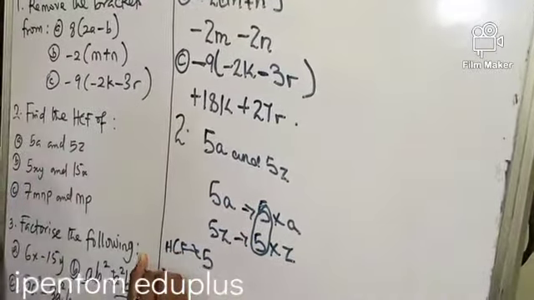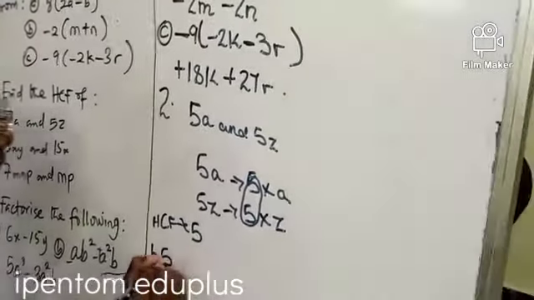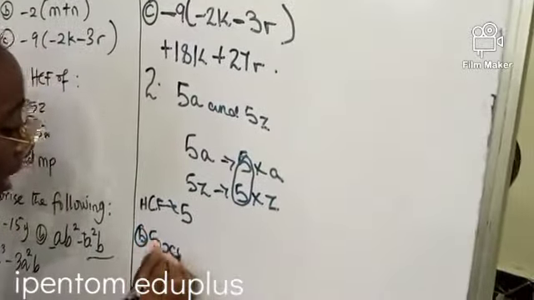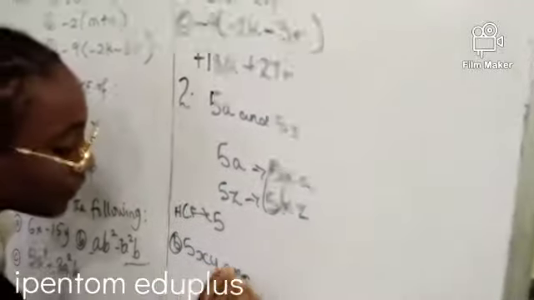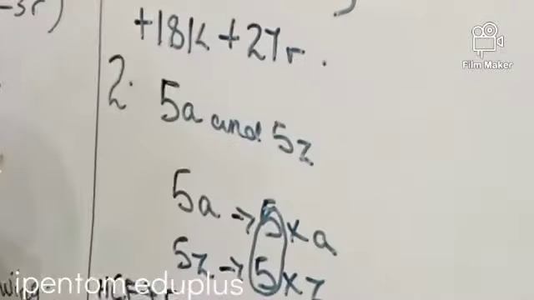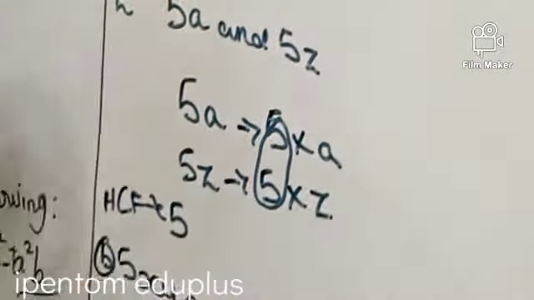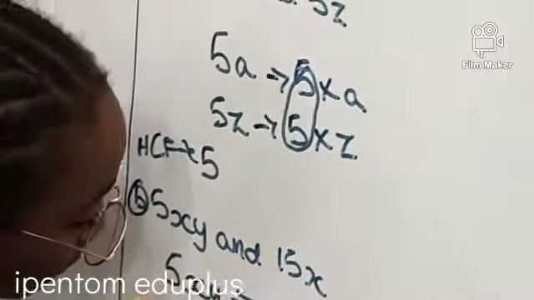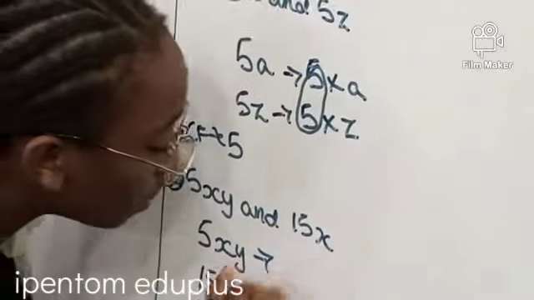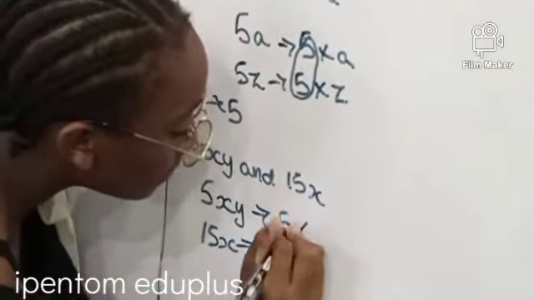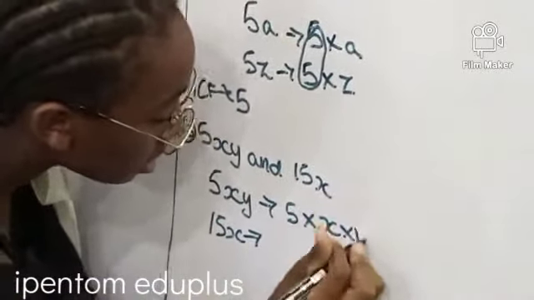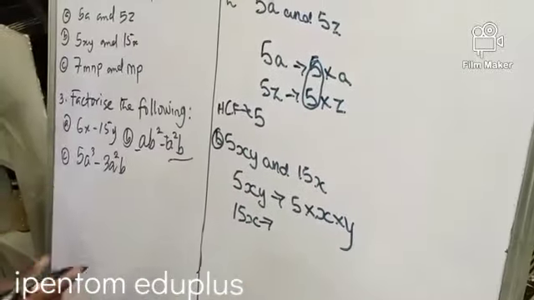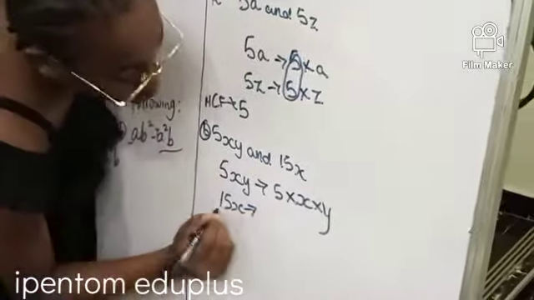For the next question, B, 5xy and 15x. Now, 5xy is the same thing as 5 times x times y. And 15x is the same thing as, what small numbers will give you 15?